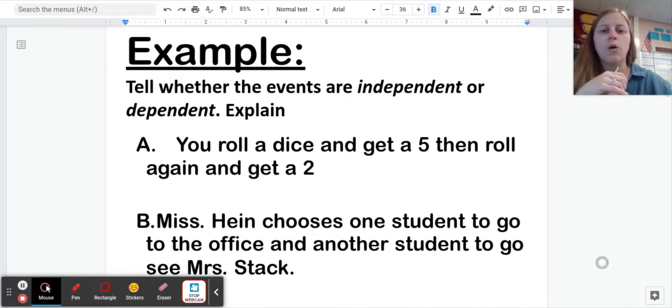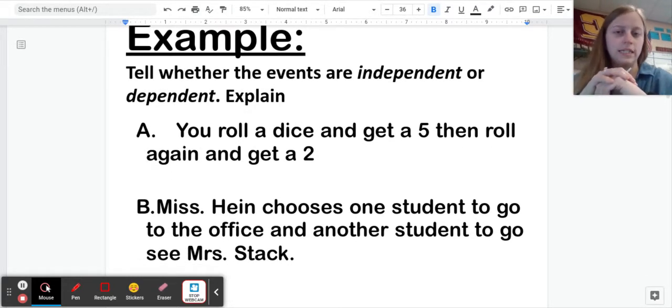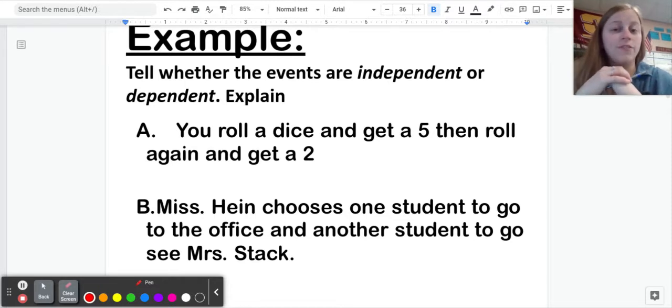So tell whether the events are independent or dependent. Explain. You roll a dice and get a 5, and then roll it again and get a 2. So when I roll my dice, does getting a 5 affect how many numbers are on the dice? No, there's still 6 numbers when I go to roll the dice again.